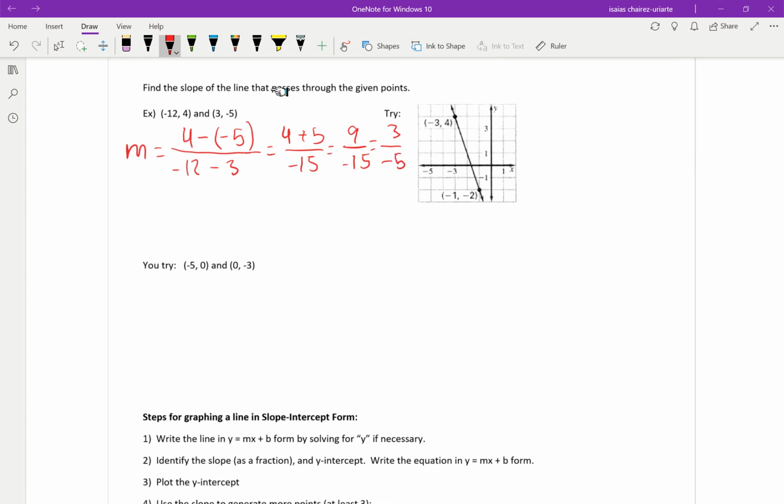Now, what would have happened if I chose differently? I said 4 minus negative 5 divided by negative 12 minus 3. But what if instead I had done negative 5 minus 4 divided by, and again, we have to be consistent. If I did negative 5 minus 4, now the denominator should be 3 minus negative 12.